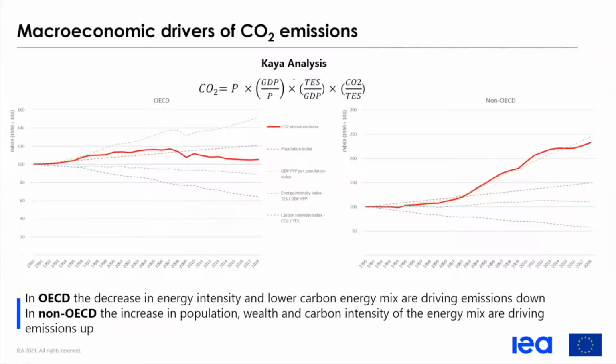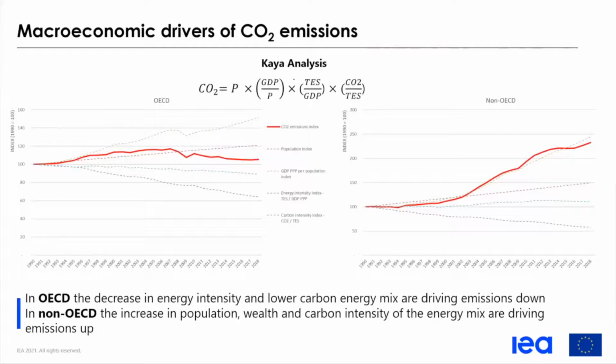Detailed emissions data enables populating matrix, which can be used to discuss the macroeconomic driving forces behind CO2 emissions and provide insightful input for effective energy and climate policymaking. The formula on the top is known as the Kaya identity, which allows decomposition of the total CO2 emissions into 4 macroeconomic factors: population, GDP per capita, total energy supply per GDP, and CO2 emissions per unit of total energy supply.